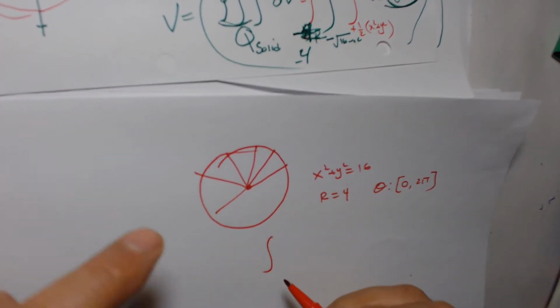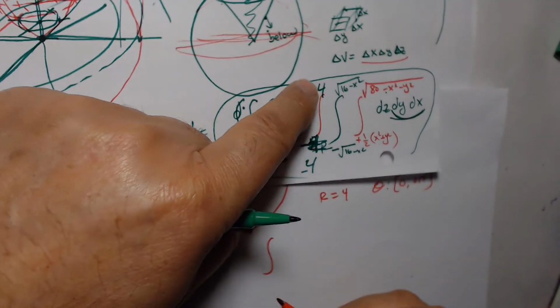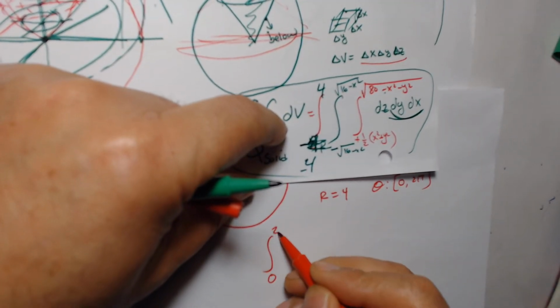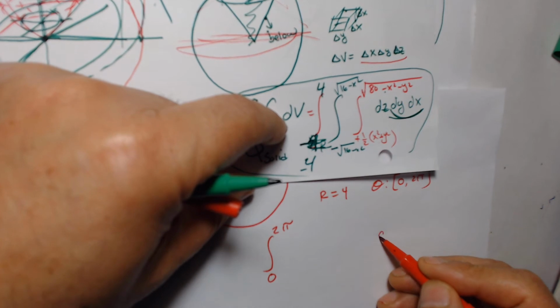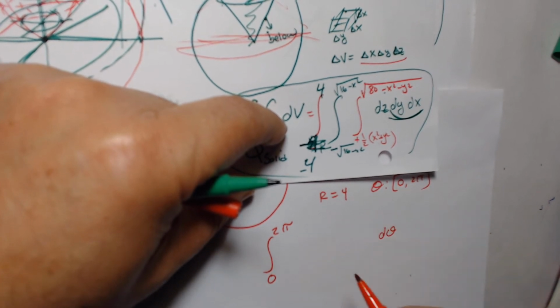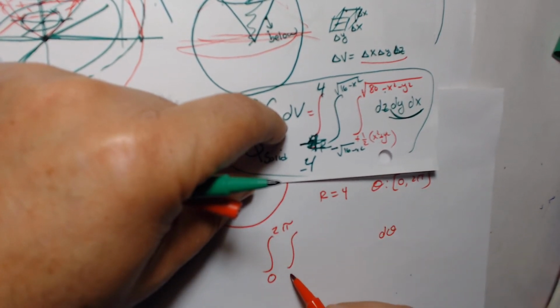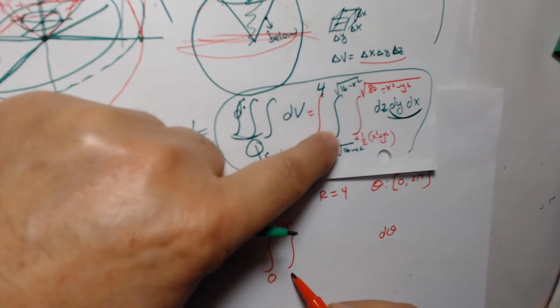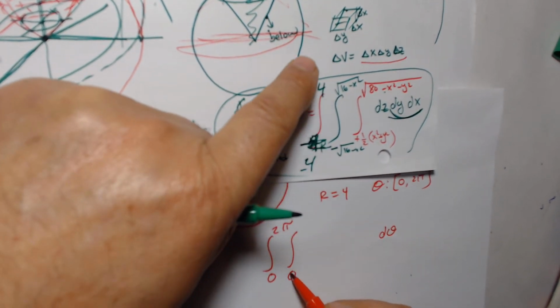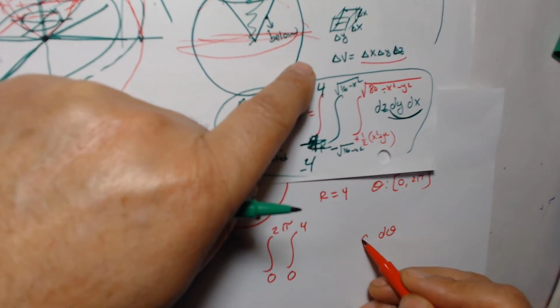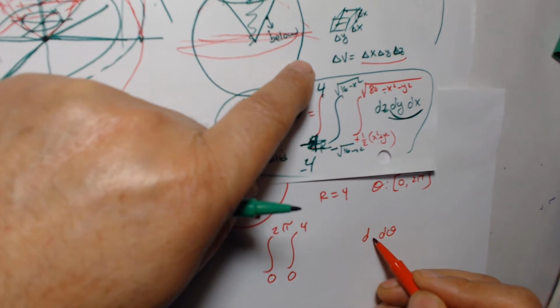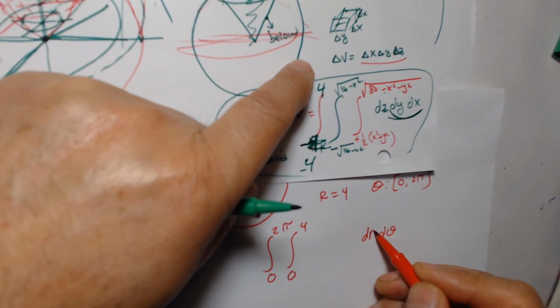Therefore, instead of writing from -4 to 4, I use theta. And instead of dx, I put d theta. Instead of dy, I'm not going to use this number to that number. I'm going to use 0 to 4. And that becomes not a dy, I got to put a dr.